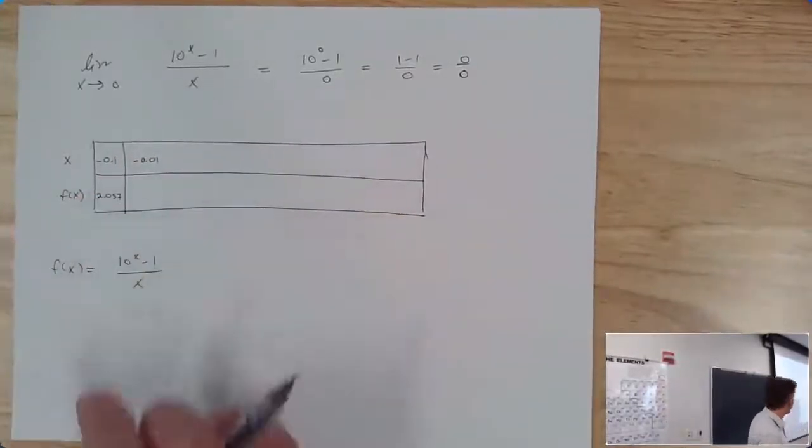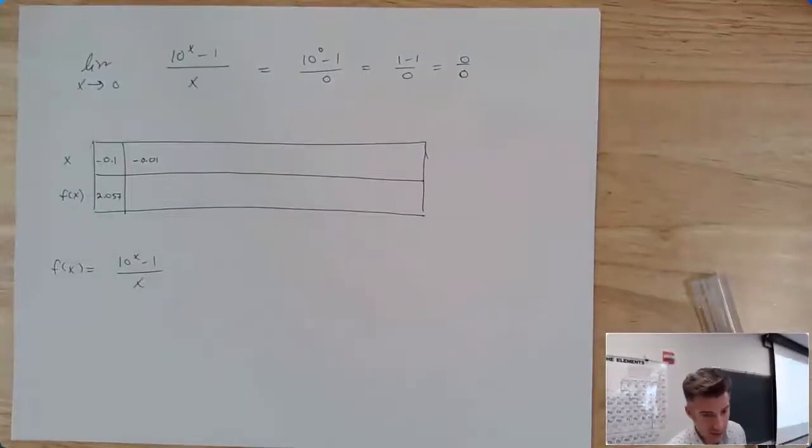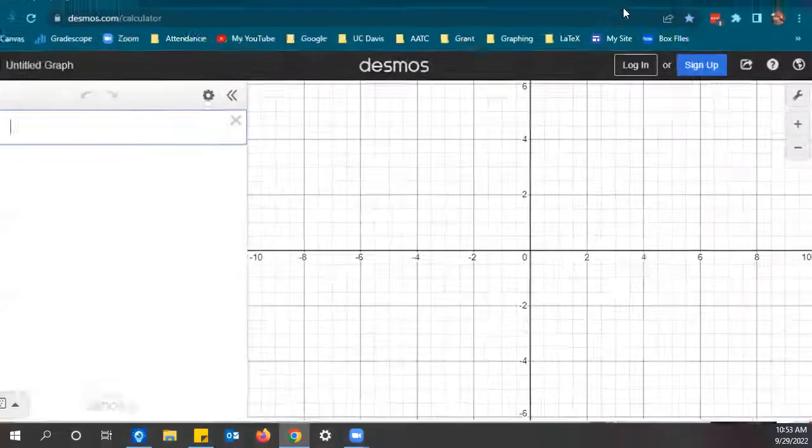So just as a point of interest, if I was actually calculating this and didn't want to keep typing the same 5 or 6 things into my calculator, here's an easier way to do this. I would either use the graphing table in a graphing calculator or use Desmos. And what I would do is graph the thing.